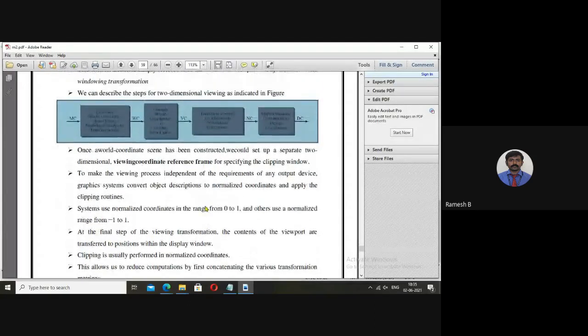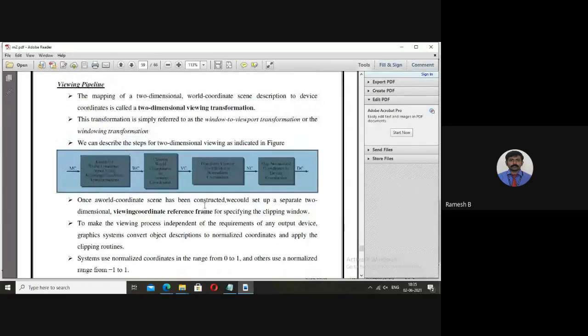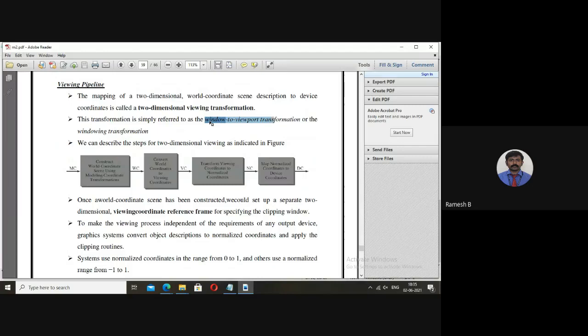This transformation is known as window to viewport transformation.